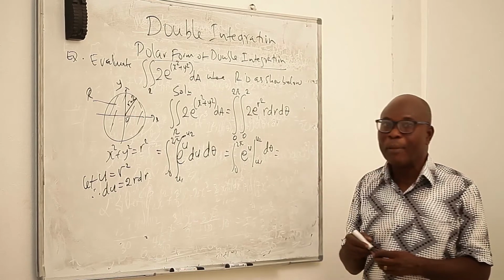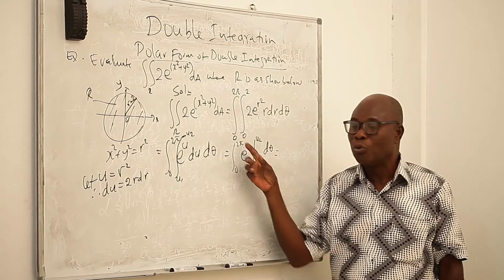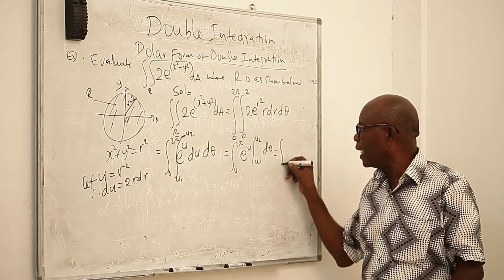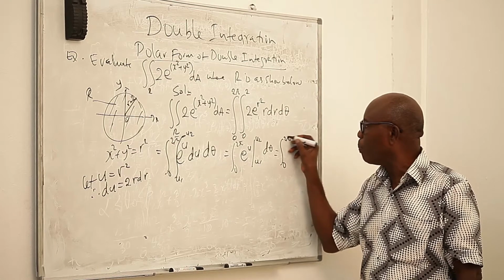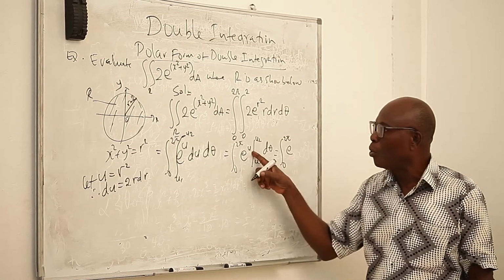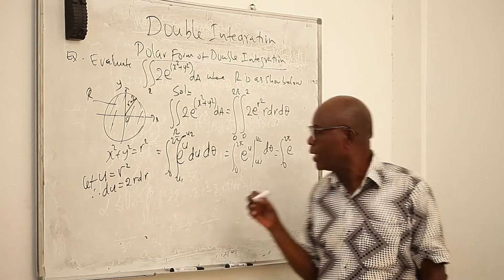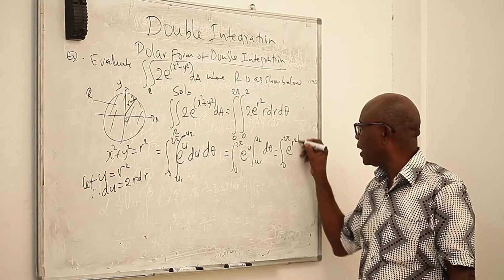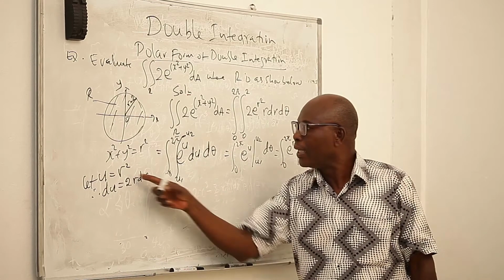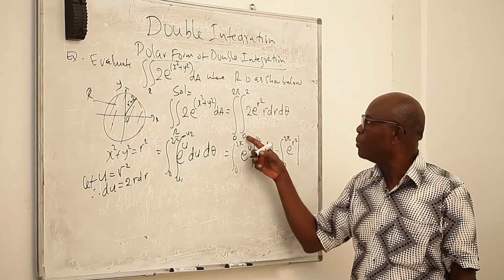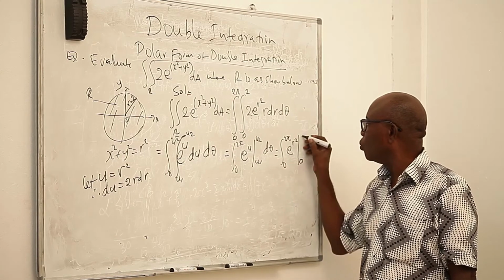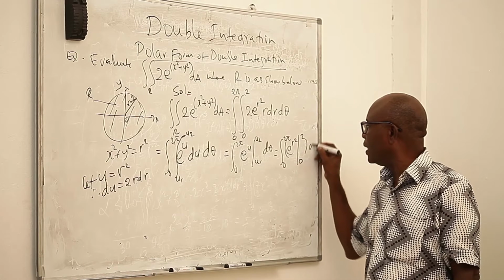Now we can convert back from u to r. So we get the integral from 0 to 2π of e^(r²), and then the limit for r is from 0 to 2, dθ.